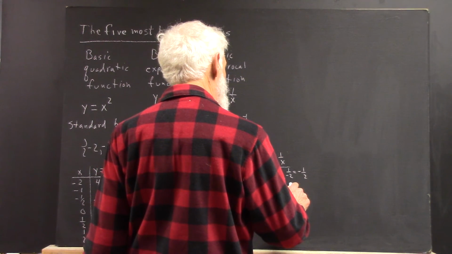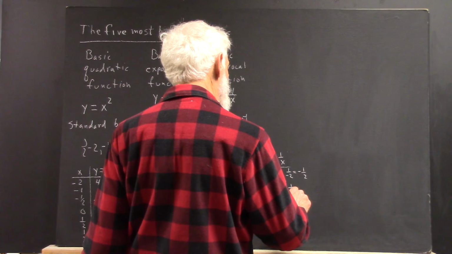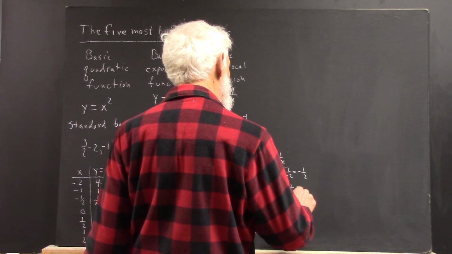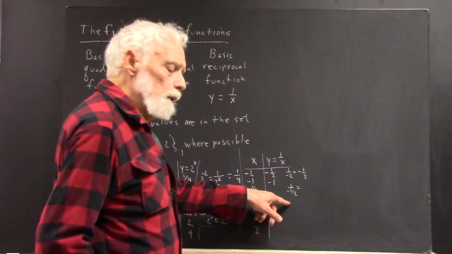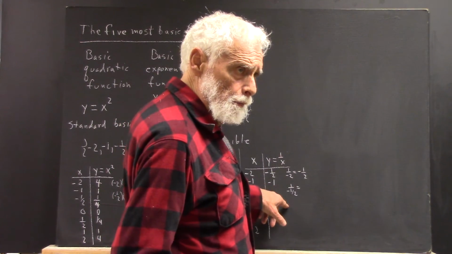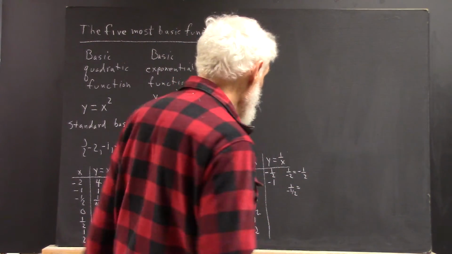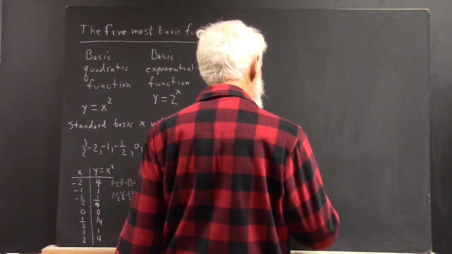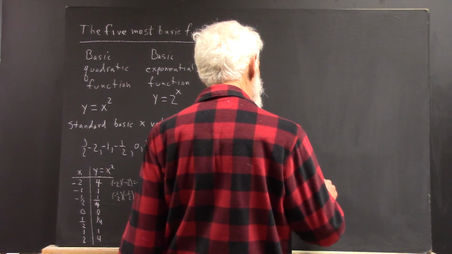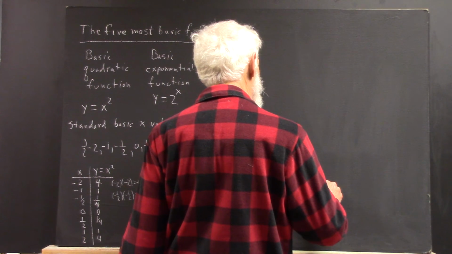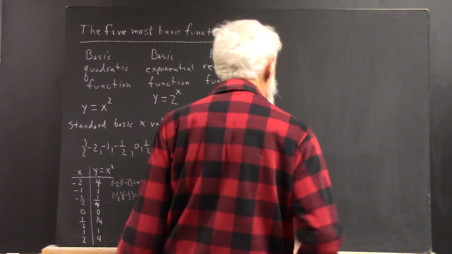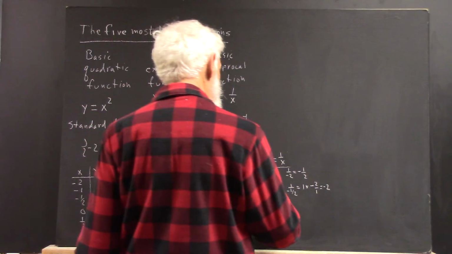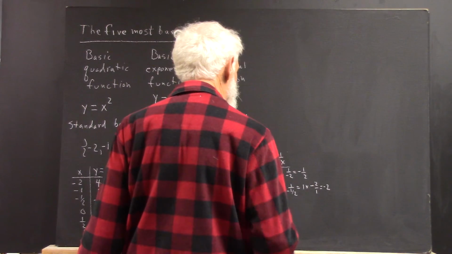Okay, 1 over -1/2, well, it's 1 divided by -1/2. When you divide by a fraction, it's the same as multiplying by the reciprocal. So that's 1 times -2 over 1, which is -2. So we get -2 here.